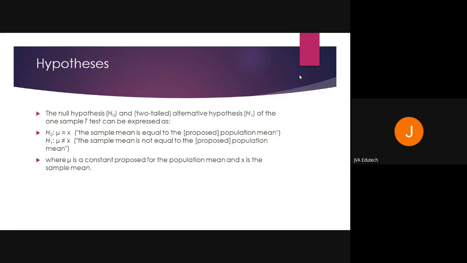Now let's see what hypotheses we formulate in the one sample t-test. The null and the alternate hypothesis in one sample t-test could be expressed as mu is equal to x. Sorry, this is not x, this is x bar actually.